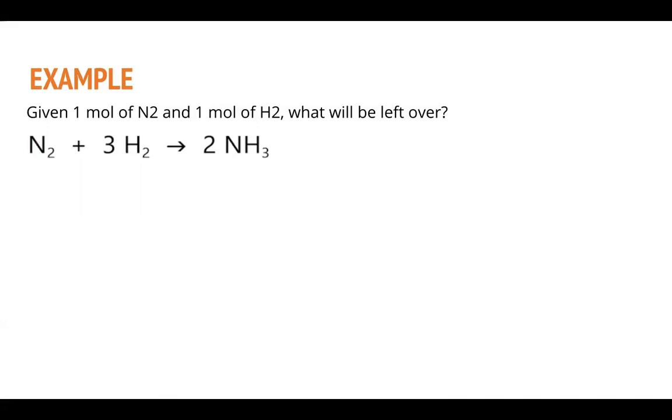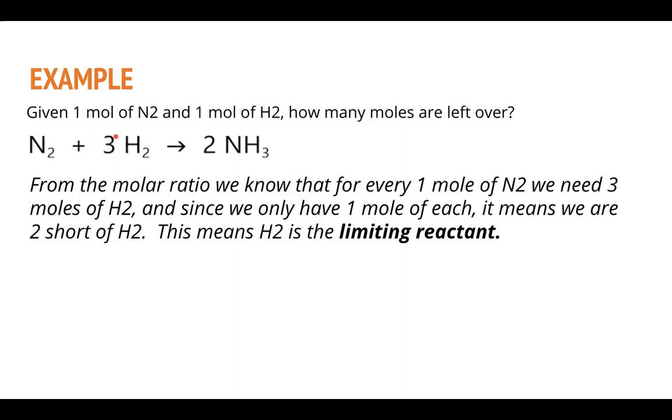You can simply just look and see that the molar ratio between these two reactants is, for every 1 mole of N2, we need 3 moles of H2. And since we are given 1 mole of both, we know that we do not have enough H2 to make the product. And so we know that H2 is going to be our limiting reactant.